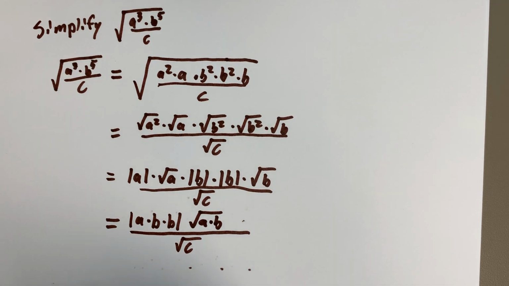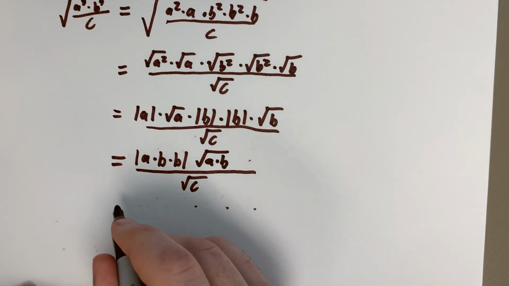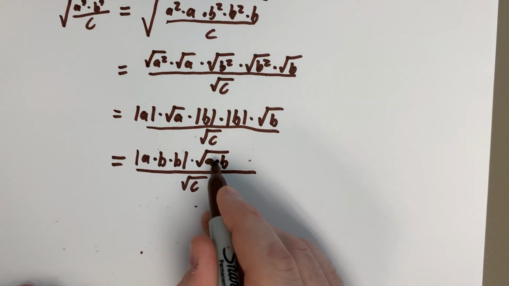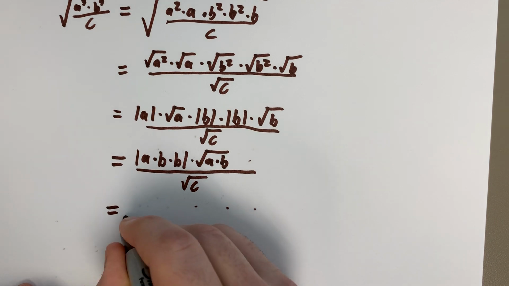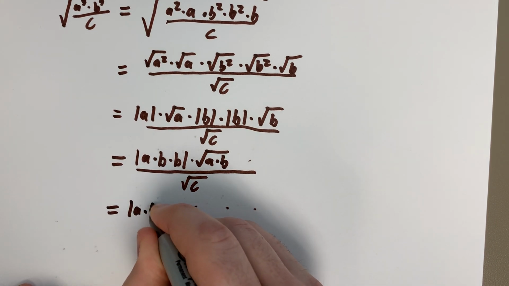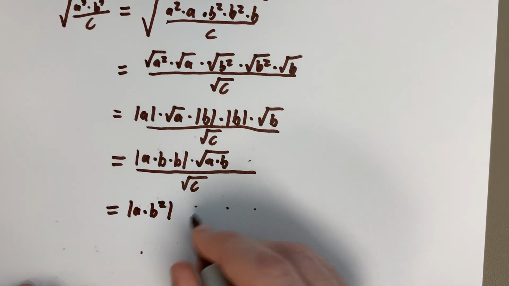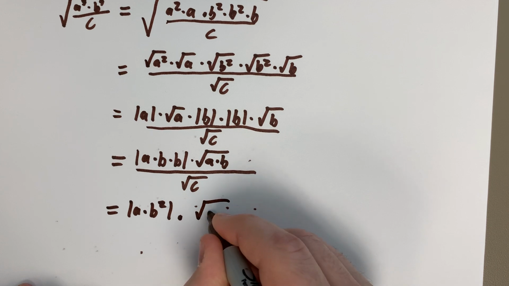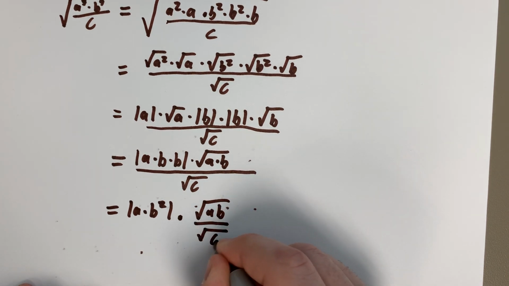Okay, so now basically by rules with fractions, we have this absolute value being multiplied to the square root of a times b. So this can be rewritten as absolute value of a times b. Well, let's combine the b's. This gives us b squared times the quantity square root of a b over square root of c.